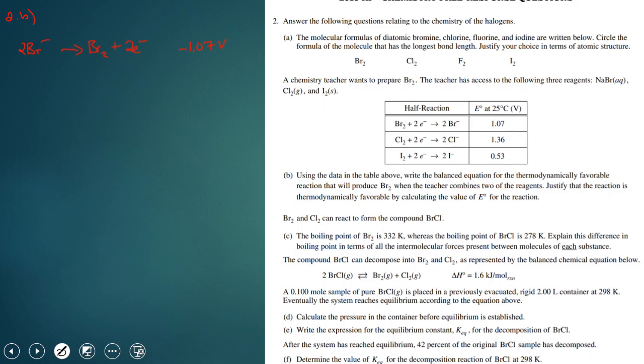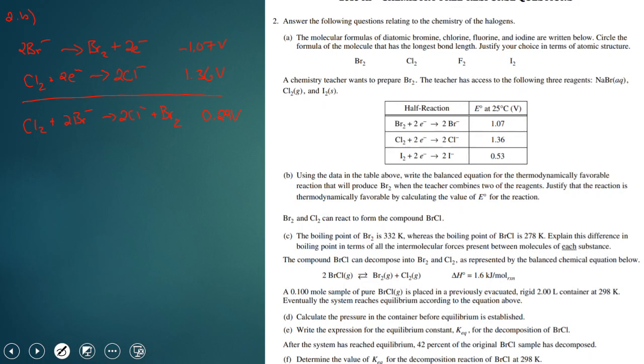Well, if we include chlorine, right? Because then we have Cl2 plus 2e minus goes to 2Cl minus with 1.36 volts. And so combining them together, we get Cl2 plus 2Br minus forms 2Cl minus plus Br2, and our cell voltage is going to be positive 0.29 volts, I believe.